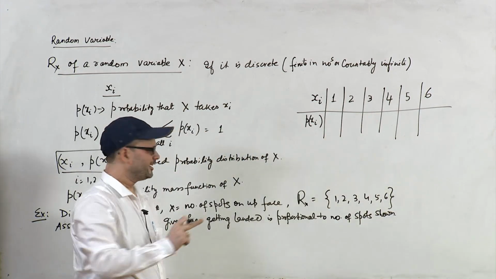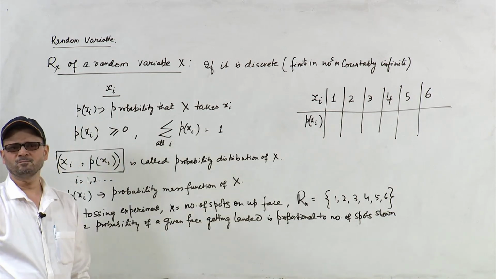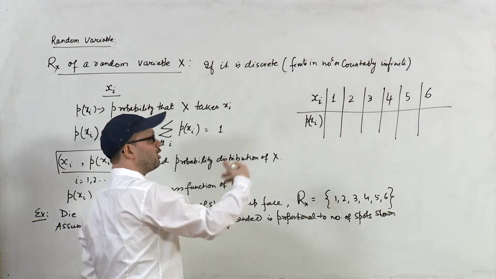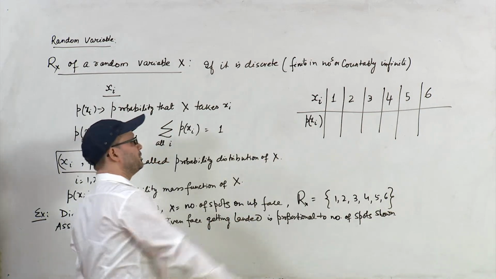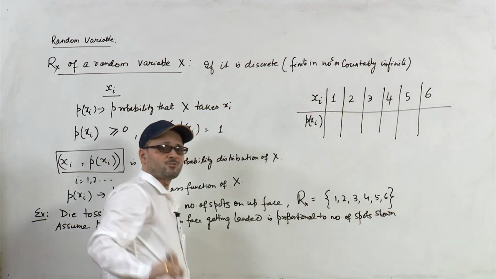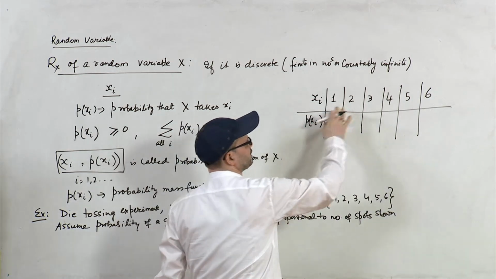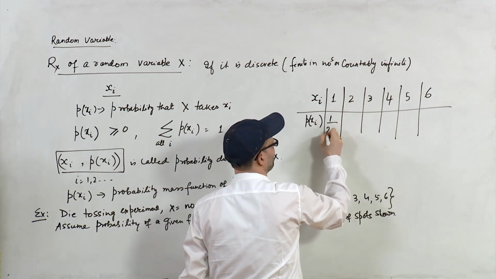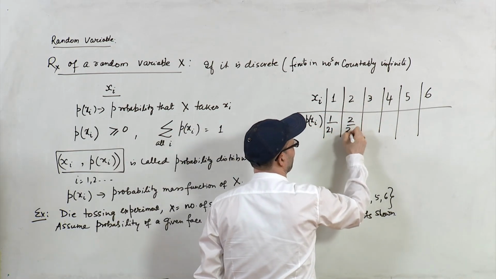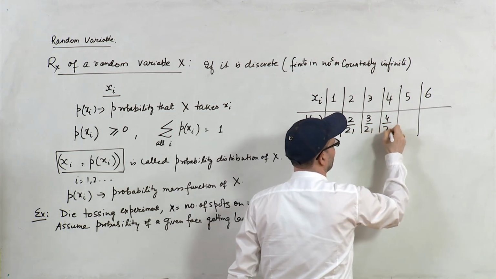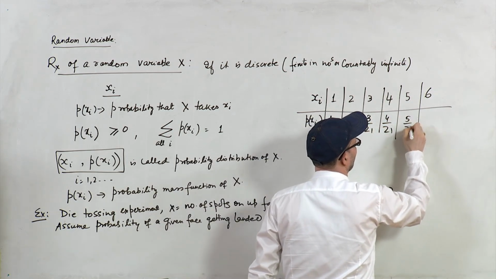But here the condition is that the probability is proportional to the number of spots being shown. So, it will be 1 by some quantity, 2 by some certain quantity, and we have to sum them. So, it will be 1 by 21, 2 by 21, 3 by 21, 4 by 21, 5 by 21 and 6 by 21.